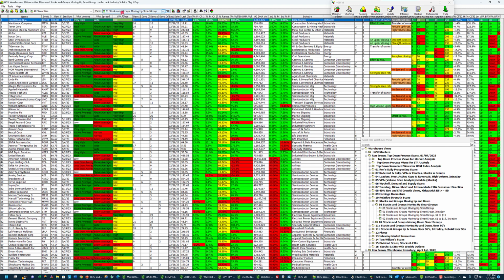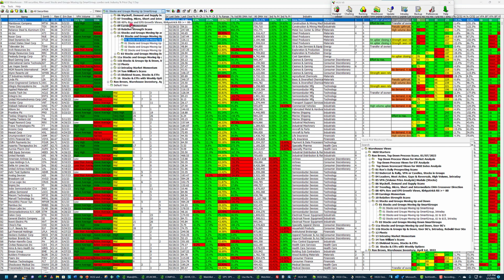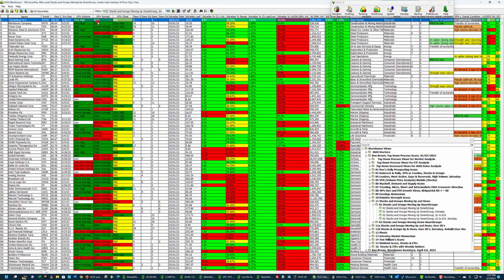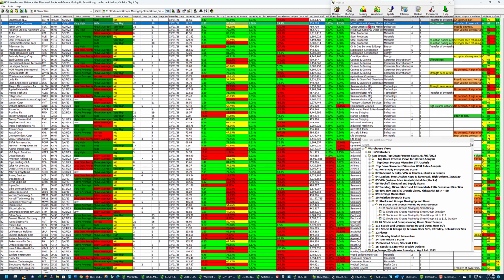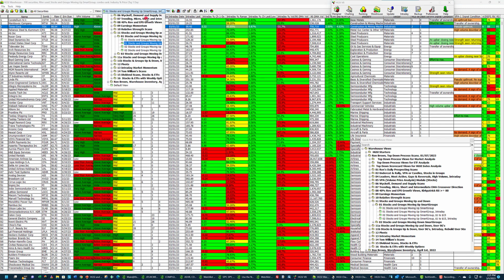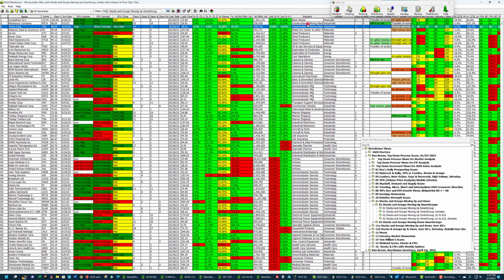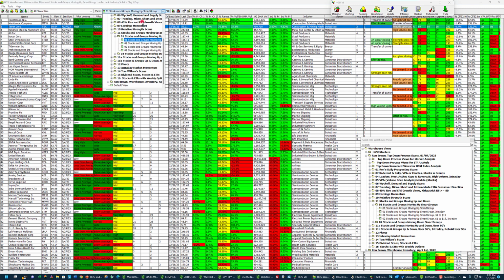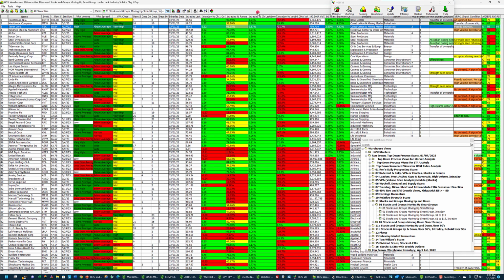And then, because the combo ranking is not being applied when I go to the intraday version, these stocks will not change in their order. You can see that construction and mining is number 2. If I go back to the first group, you can see construction and mining is the number 2 group right here. There's a little different view because one is intraday and one is not.